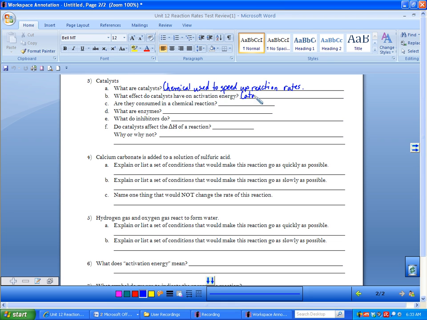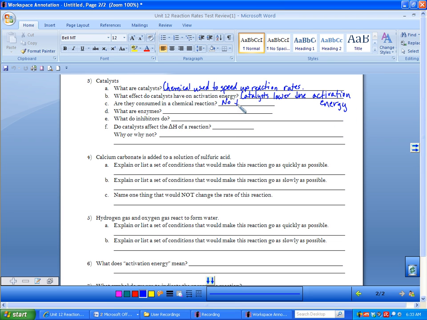Catalysts lower the activation energy, and that's what makes the reaction go faster because there's less energy needed. Lower the activation energy. Okay. Are they consumed?